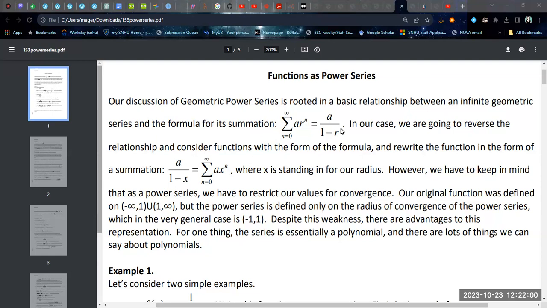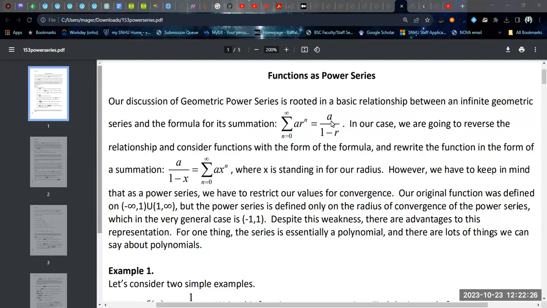But in future lessons, like when we work on Taylor series, we will be able to create power series for things that are not rational functions. We're going to look at two special cases in this discussion where the derivatives of the functions are power series. And so therefore we can create power series from those.